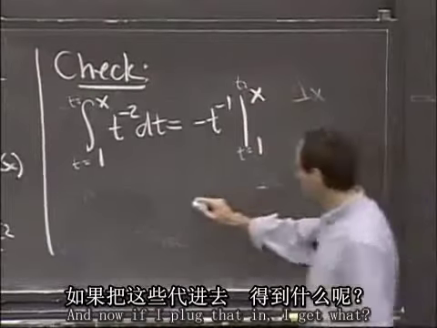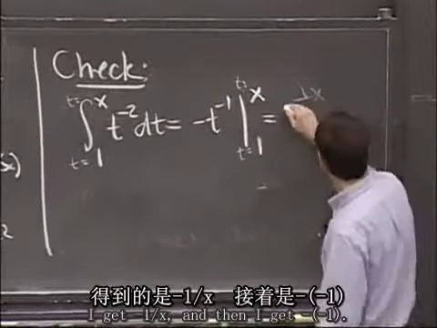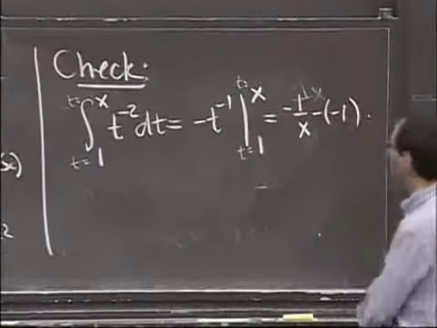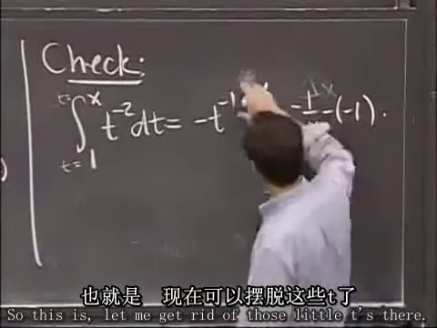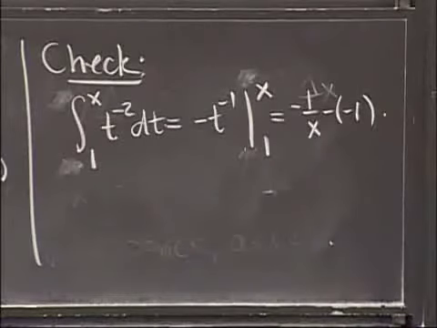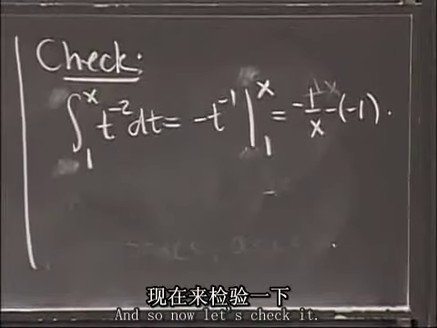And now if I plug that in, I get what? I get minus 1 over x, and then I get minus a minus 1. All right, so let me get rid of those little t's there. So this is a little easier to read. All right, and so now let's check it.